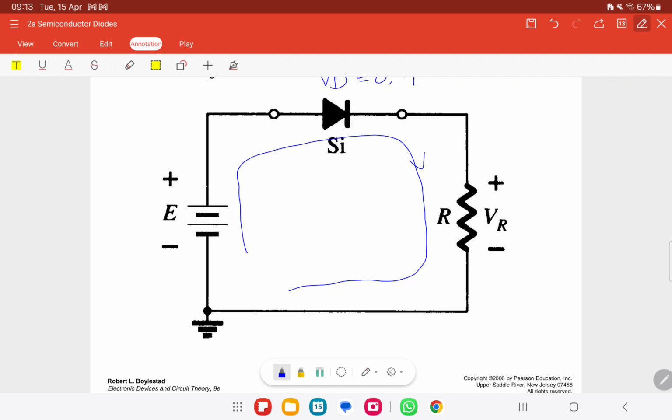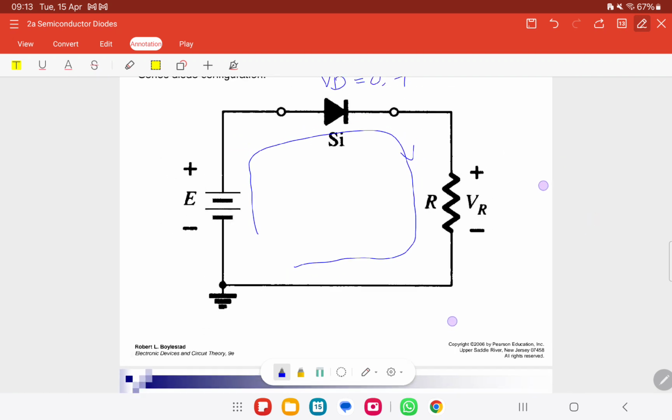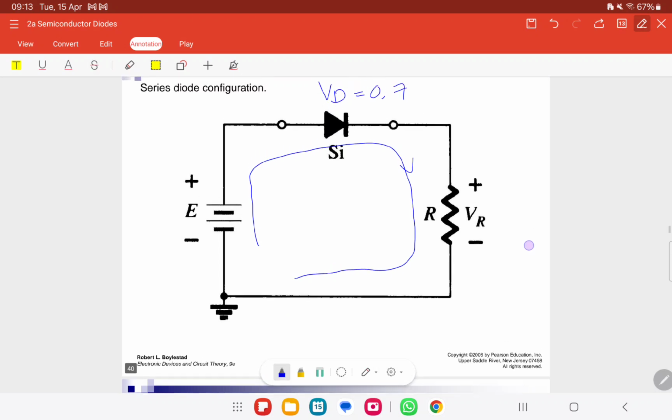So we can have the KVL. Kan? Okay, so the KVL minus E plus 0.6, kat sini plus kan? Yes. Okay, here is negative. The symbol of the diode.